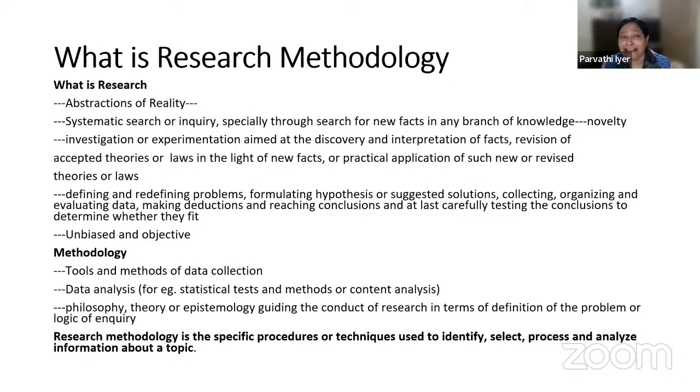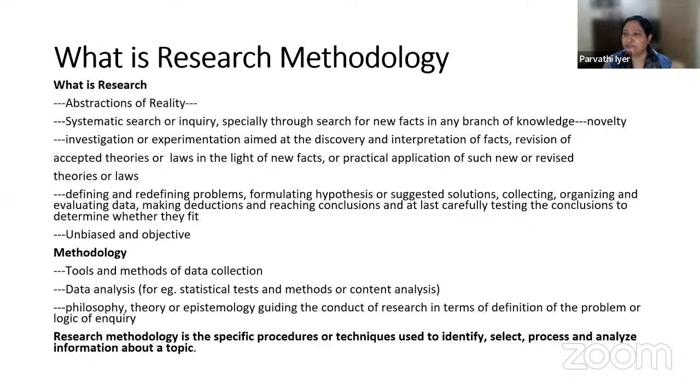Another important aspect of research is the novelty element. What do we mean by the novelty element? Novelty element means that when we are doing research, we are trying to search for new facts. Now, these new facts can be in any branch of knowledge. Research, of course, is not just confined to the sciences.